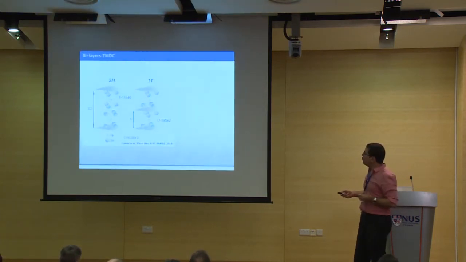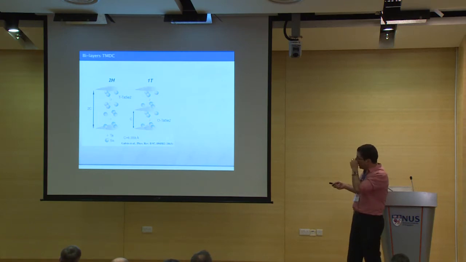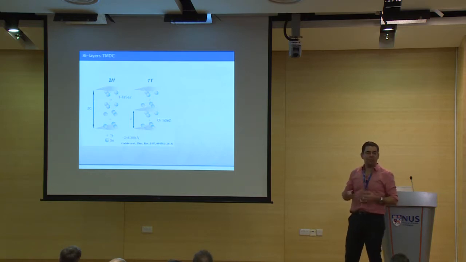If you look at bilayers, because we talked about bilayers here a lot, in the literature you find the notation 2H and 1T. This has to do with whether in these bilayers you have trigonal prismatic layers on top of each other, or the other configuration on top of each other. In nature you can have these two equilibrium structures.